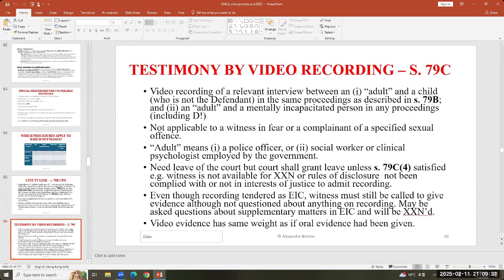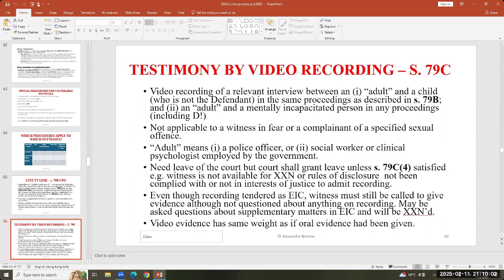On the other hand, a video recording under 79C, this is where a pre-recording of an interview between either a police officer or a social worker or a clinical psychologist employed by the government and the child or the mentally incapacitated person. So a pre-recorded video is allowed to stand as the evidence in chief.